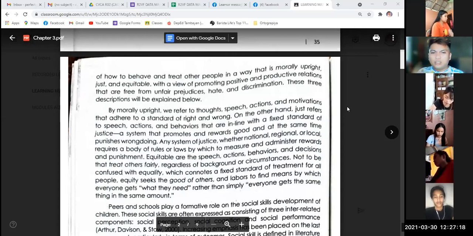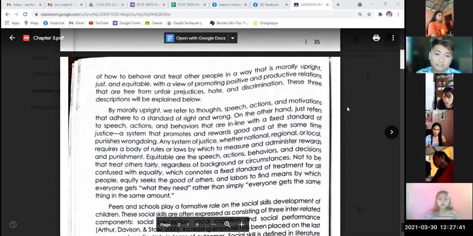Let's use again the example earlier about burning dry leaves. When we say morally just, we cannot use the assumption na hindi may lamok, may ano. No. According to law, it is against the law to burn dry leaves.